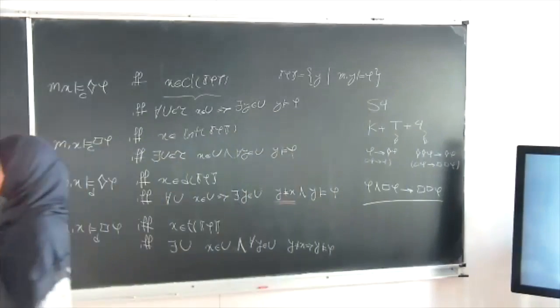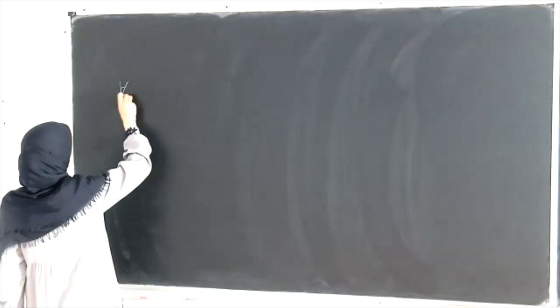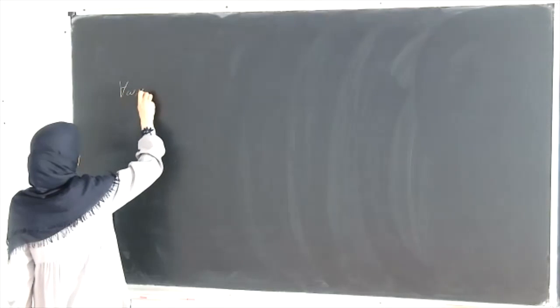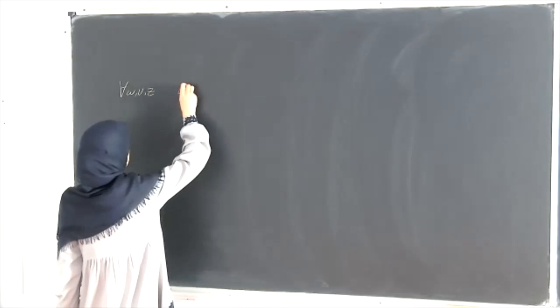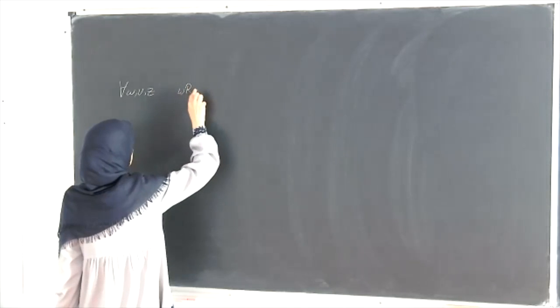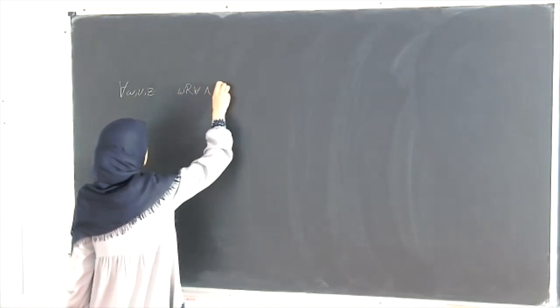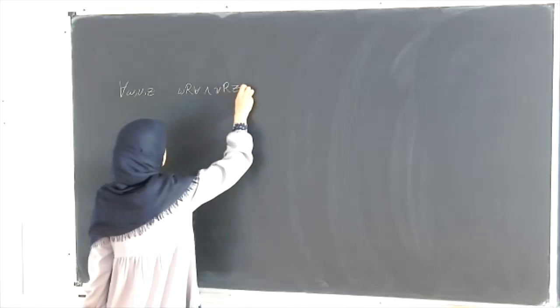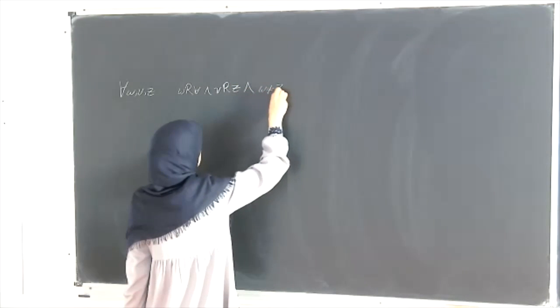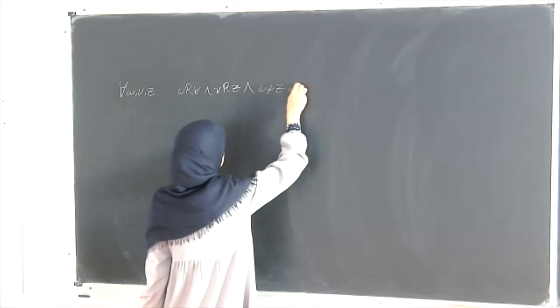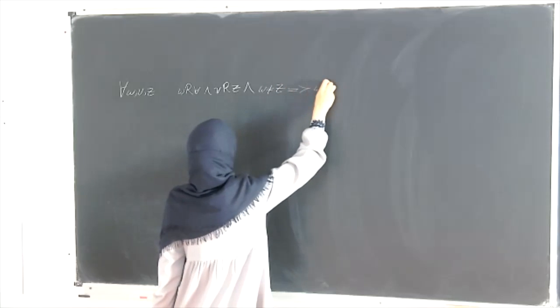By weakly transitive, we mean that we have this property for all W, V, and Z: if W R V and V R Z and W is not equal to Z, then we have W R Z.